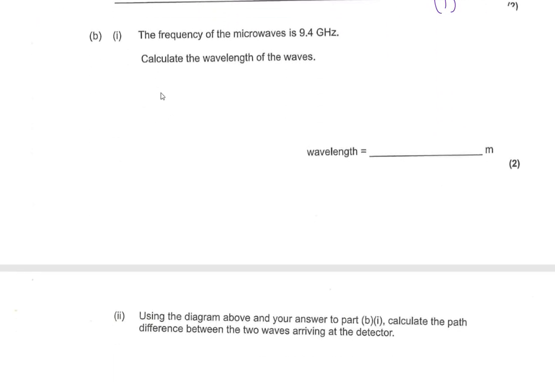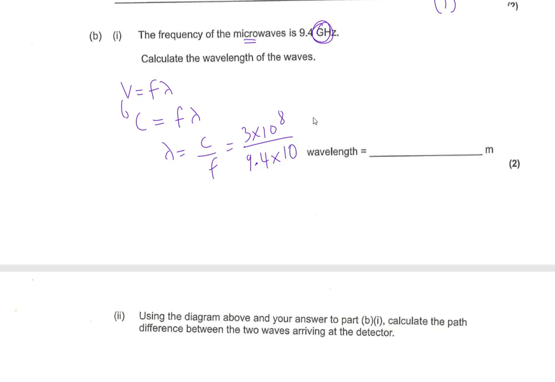Now this one should be straightforward. You know the equation, wave speed is equal to f lambda. We're dealing with microwaves, so this is light, therefore c is equal to f lambda. You're looking for wavelength, so you just rearrange your equation and plug your numbers in. This one we need to convert the giga. The giga must be converted, so it's going to be 9.4 times 10 to the power 9, since giga is 10 to the power 9.